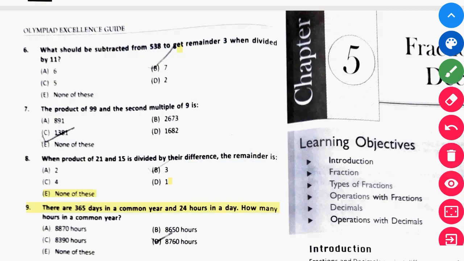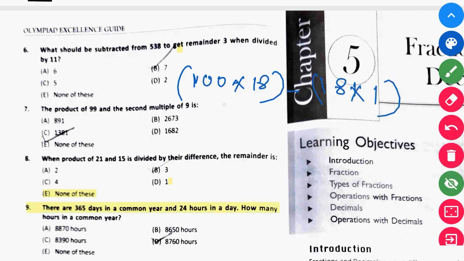100 multiplied by 18 minus 18 multiplied by 1. 1800 minus 18.